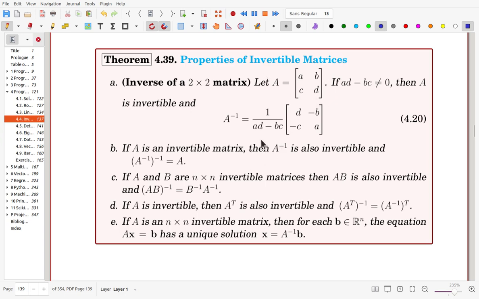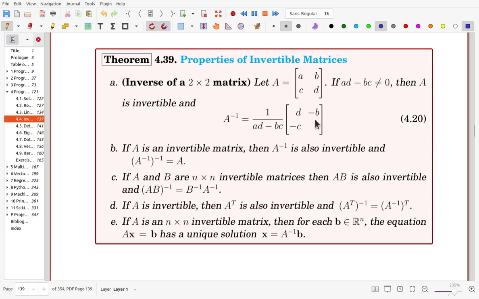Once it's non-zero, then we put here 1 over the determinant, AD minus BC, and from the matrix, we interchange the positions of A and D through this cross direction, and for the other direction, we change the sign.